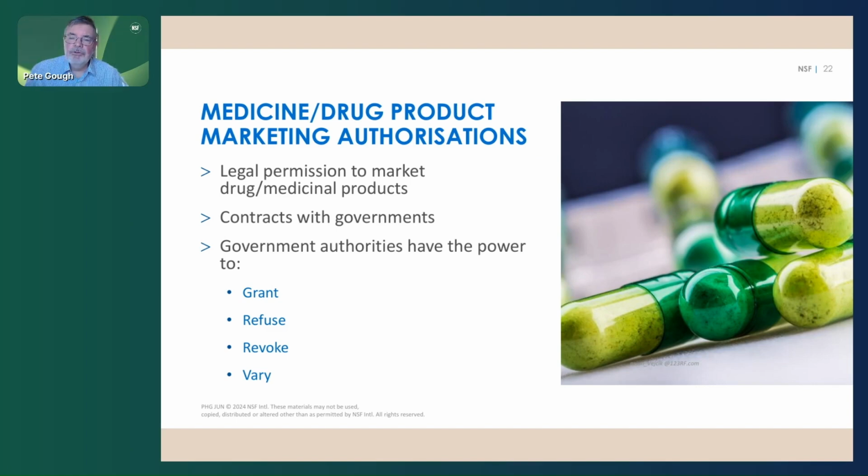So who do you apply to? You apply again to the competent authority. They have the permission, they have the legal responsibility for making the assessment, whereas in the device, that assessment is conducted by the notified body, and they have the power to grant, refuse, and they can also revoke or vary the license, the manufacturing authorization, after you've received it.